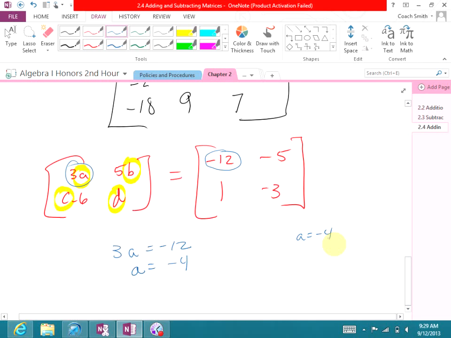So what is my B going to be equal to? Caleb? Negative 1. So my B is going to be equal to negative 1. Zach, what is my C equal to? Seven.